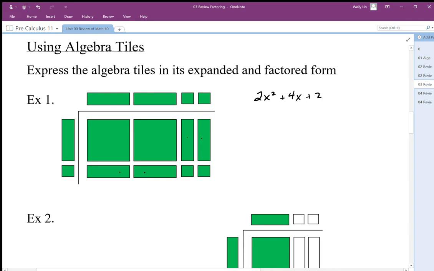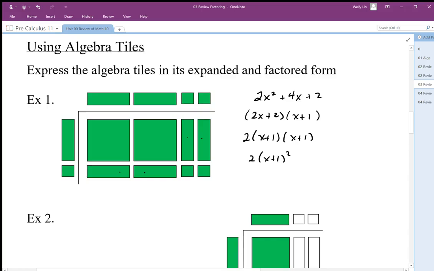If I want to factor this, I get an edge length of 2x plus 2, and the other edge length is going to be x plus 1. Okay, this is not fully factored because there is a common factor of 2 here, so I can factor that out and say that I have x plus 1, or 2 times x plus 1 squared.